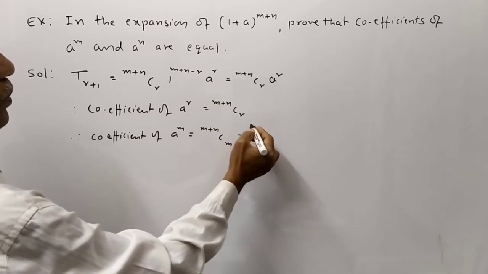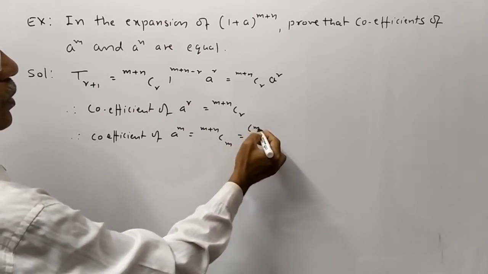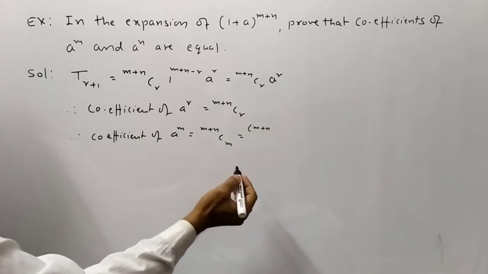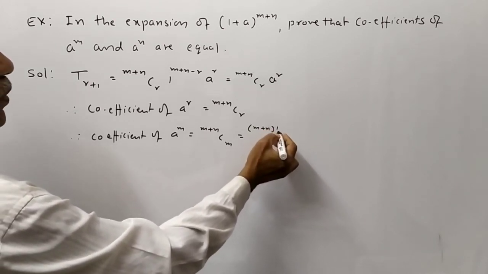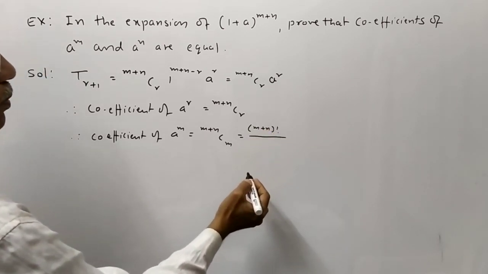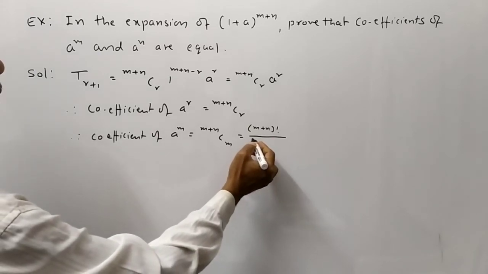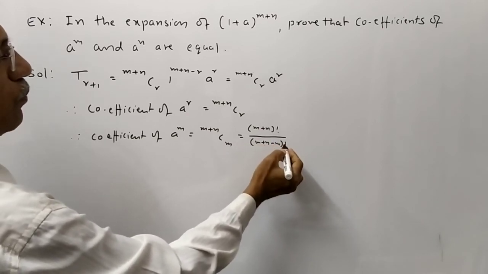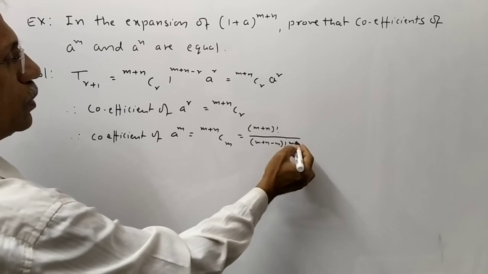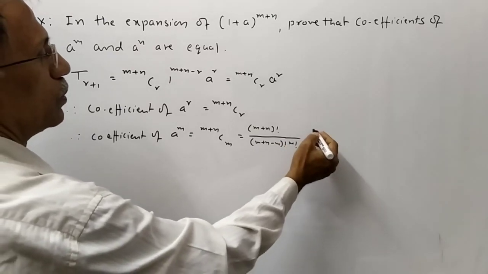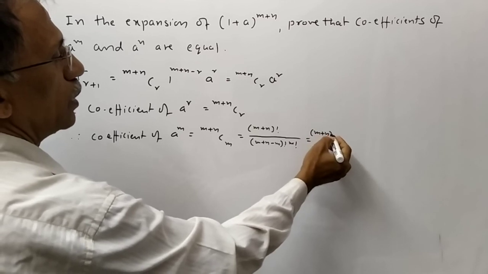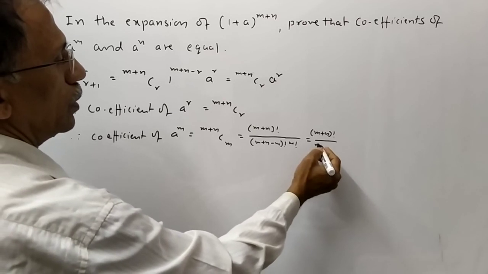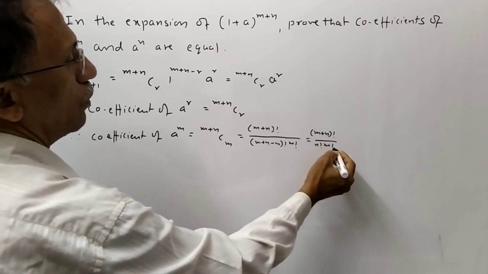This is equal to (m plus n) factorial divided by (m plus n minus m) factorial into m factorial, is equal to (m plus n) factorial divided by n factorial into m factorial.